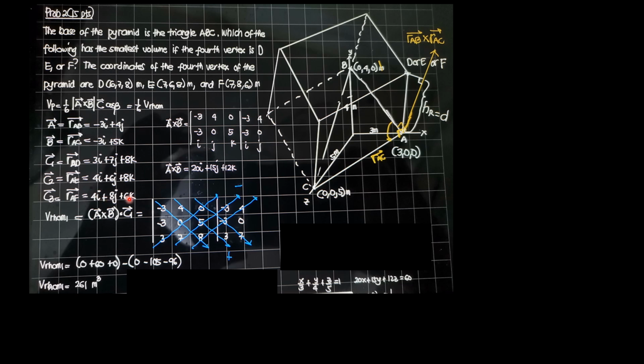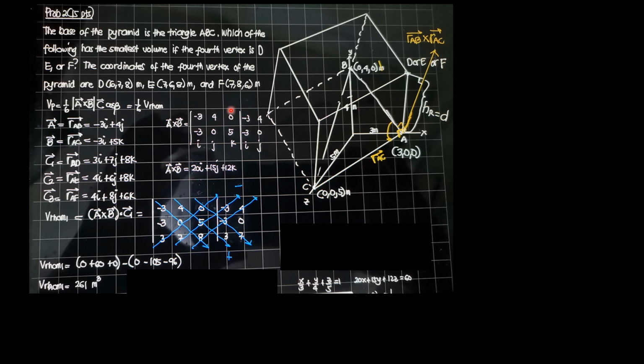Then we defined A cross B, which is components of A, negative 3, 4, 0, copy negative 3, 4. Then components of B, which is AC, negative 3, 0, 5, copy negative 3, 0. Then the unit vectors i, j, k, copy i, j. So for i, it is 4 times 5, 20i, then minus 0 times 0, so 0i, so 20i.